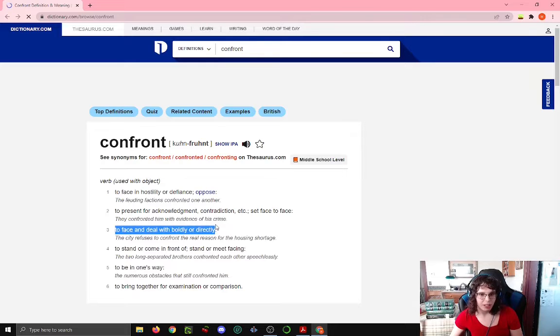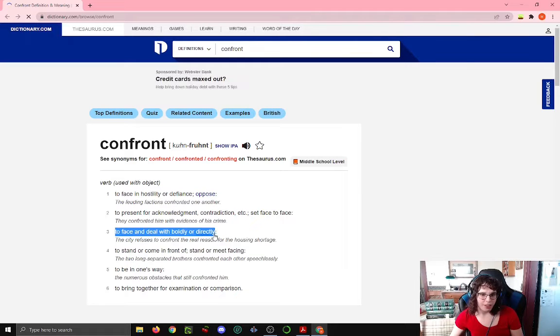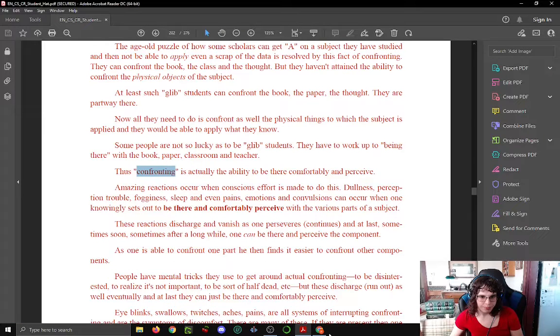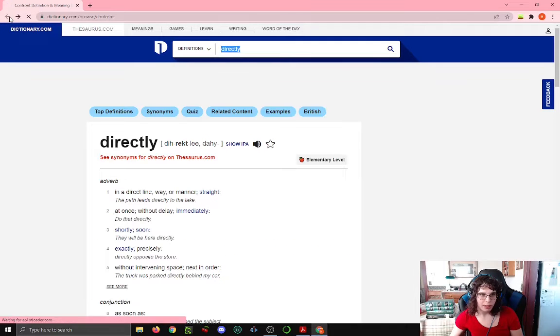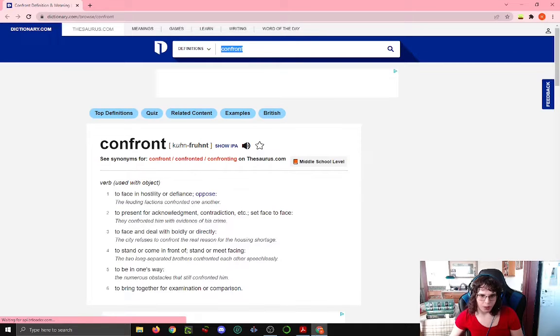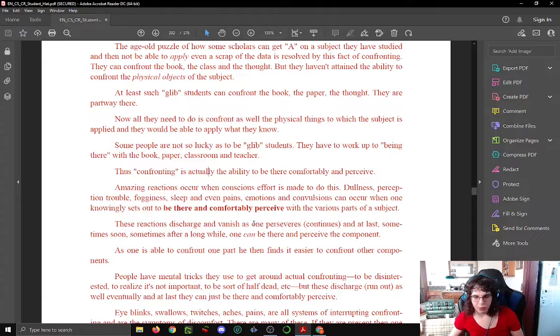That seems to be somewhat of the definition that Hubbard is using. So they're being there boldly. Why'd it go to directly? So it's going right to face and deal with boldly or directly. Well, yeah, obviously you have to be there with the material in order to do anything.